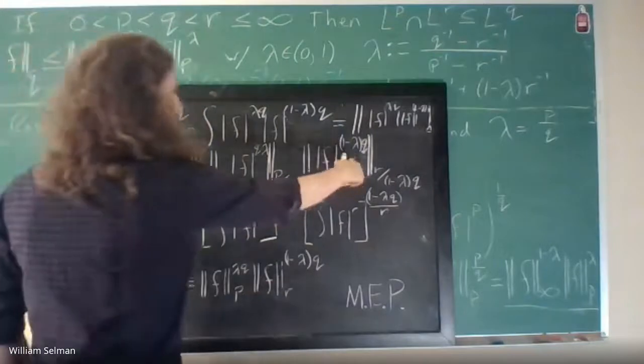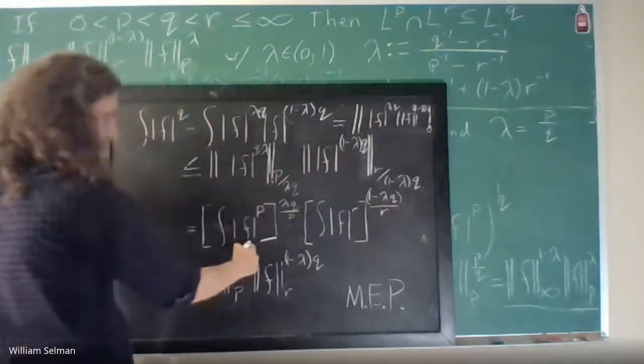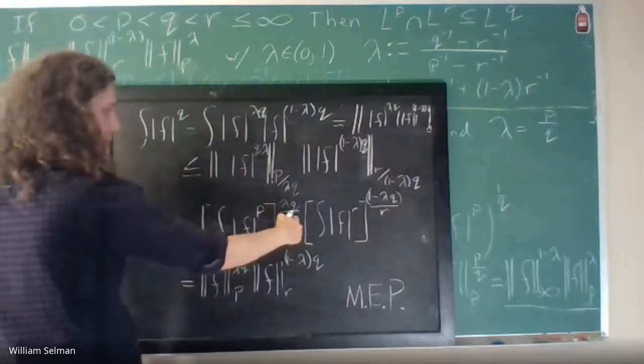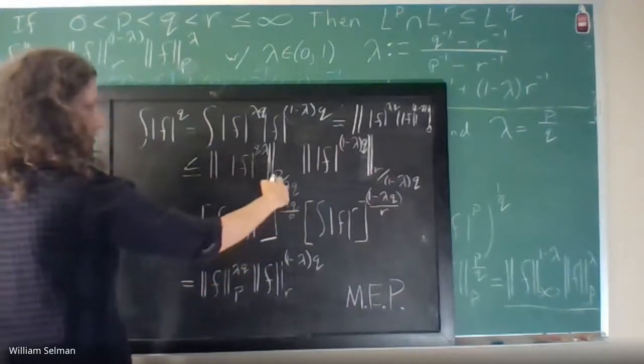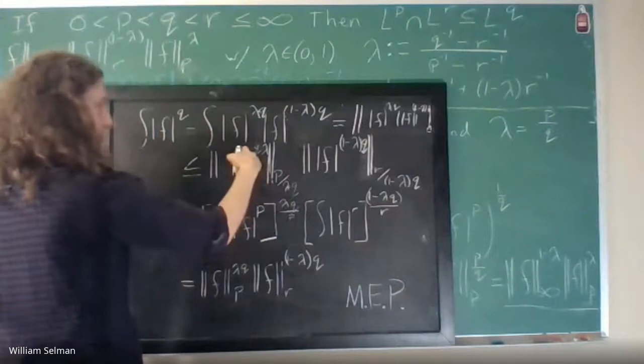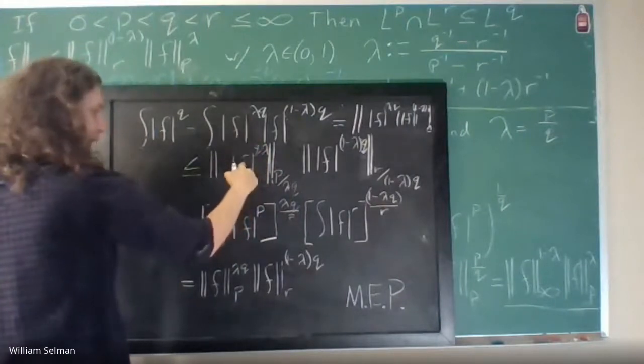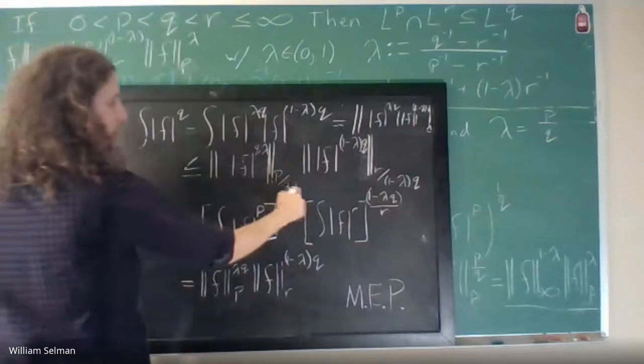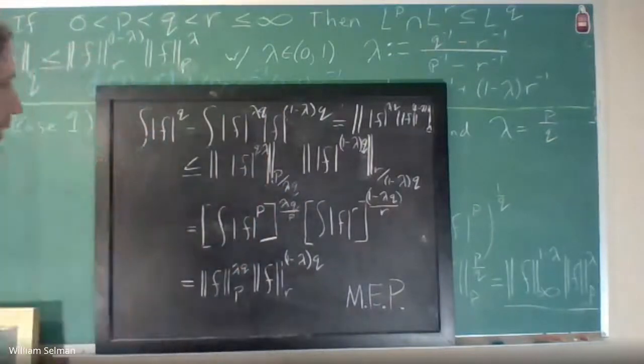Then from here, we write it in the standard notation. So this is just the p over lambda qth power of f inside the integral to the p over lambda q power.